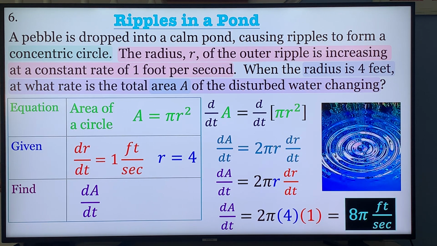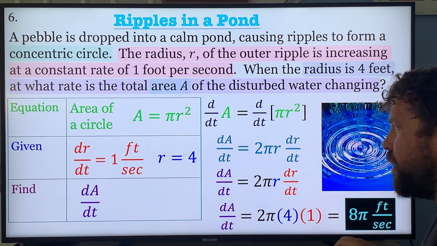If you did it regularly, what's 8 pi? Like 25.2 or something like that. Somewhere around there. Yeah, 25.1.